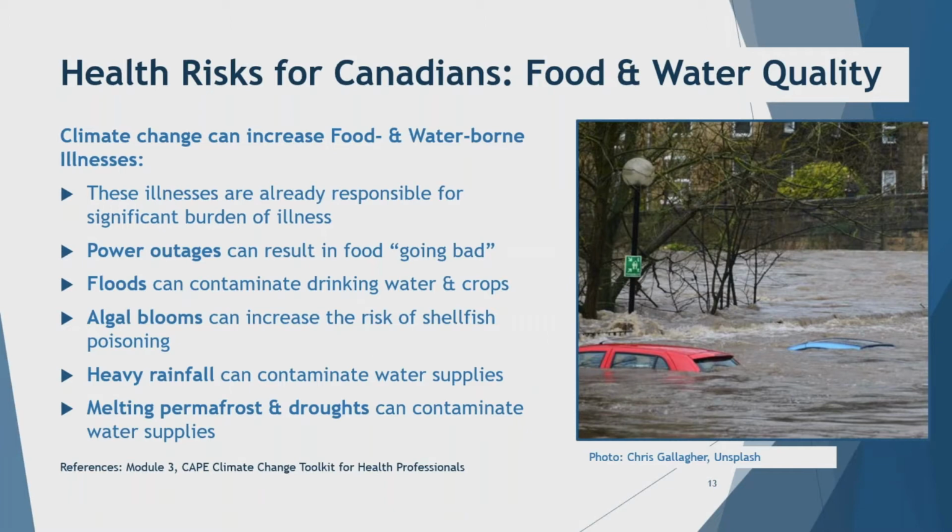Floods can contaminate drinking water and crops with both biological organisms, but also with chemicals from industries that are affected by the flood. Algal blooms that are now increasing in their frequency can actually increase the risk of shellfish poisoning. Heavy rainfall can contaminate water supplies, and melting permafrost and droughts can contaminate water supplies in different parts of the country.